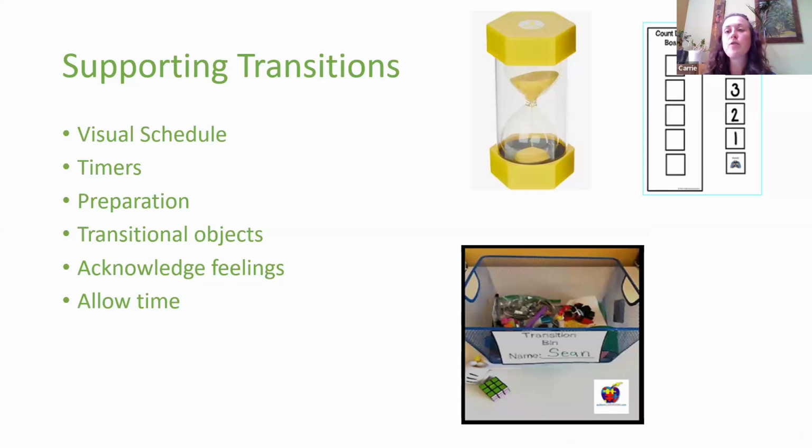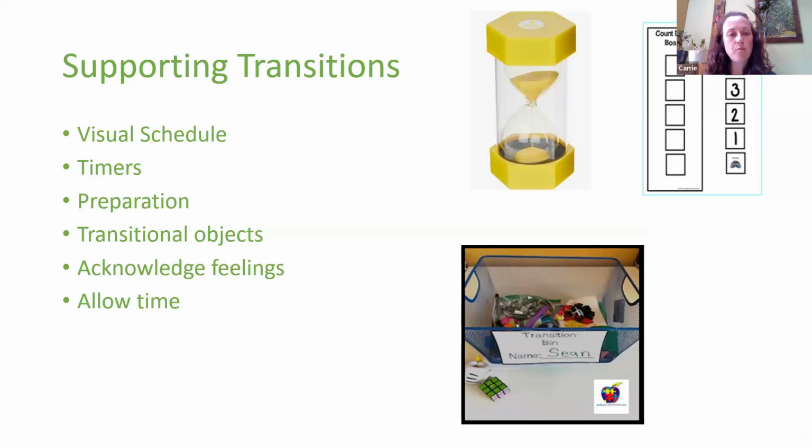They've got their now and next board and they know what the different activities are. They know what's going to be coming next. That can support them to move on to the next activity, but it also can help them to see if there's a favoured activity later, that they've got that coming. They're not going to be doing English or maths or whatever it is they really don't want to do forever. There is something else coming after that.